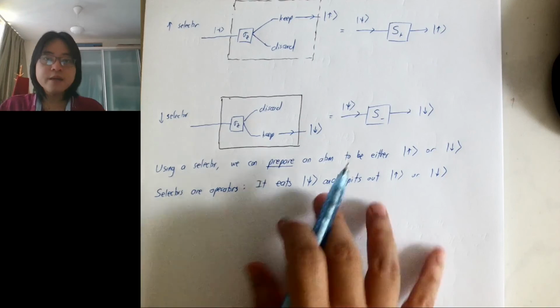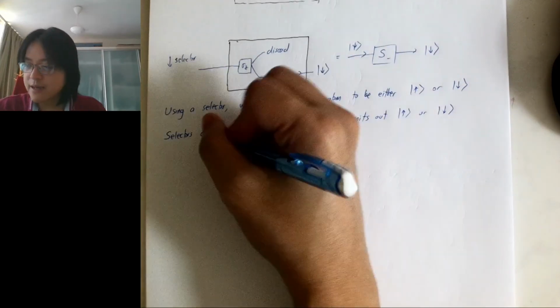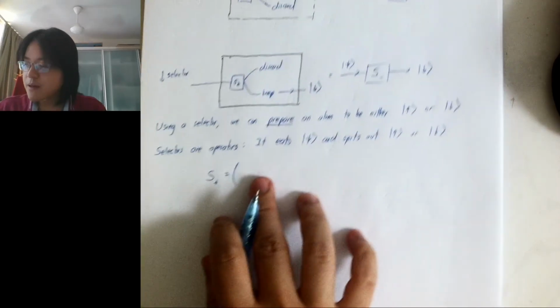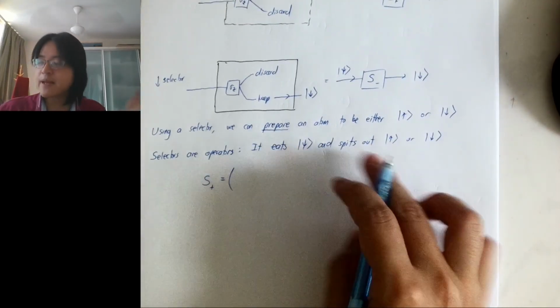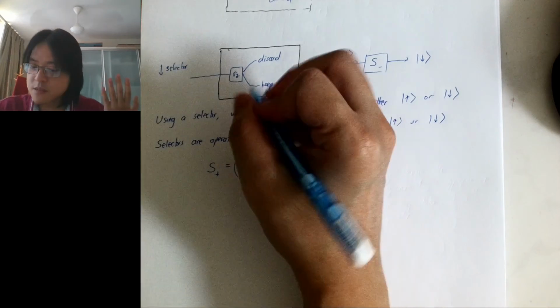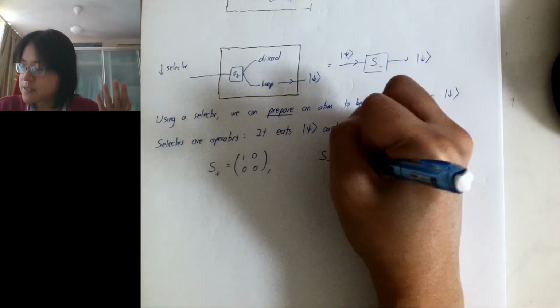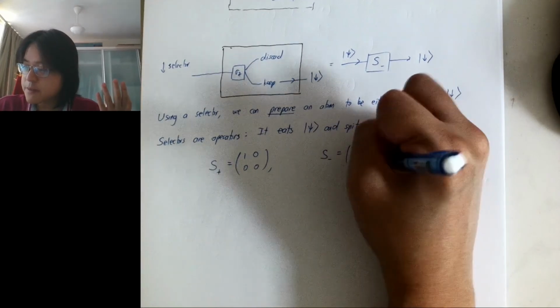So if it's an operator, then I can write this as a mathematical formula. If you imagine what kind of operator only keeps this vector, it's just going to be 1 0 0 0, right? And for this vector, it's just going to be 0 0 0 1.